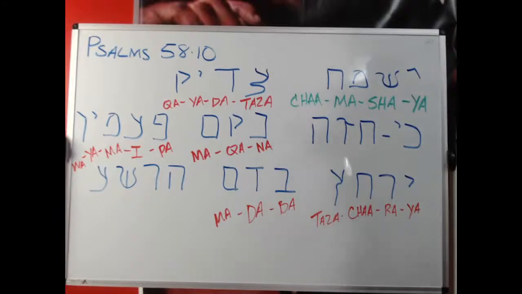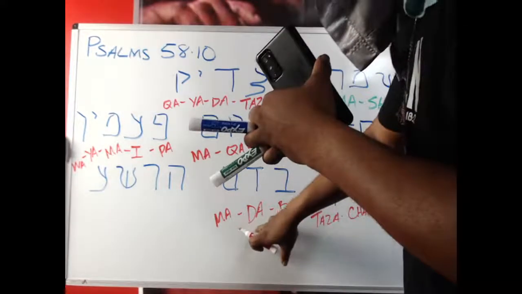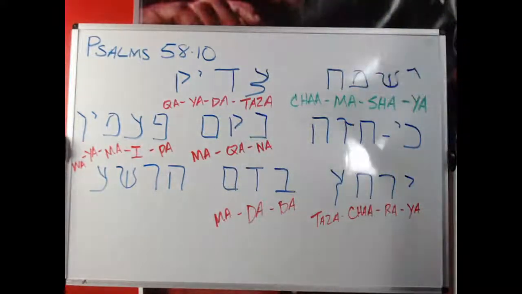Now put Ba, Da, and Ma together. But what? Badam. There you go. Give the brother a hand, man. All right. Cool. So bring me on home.